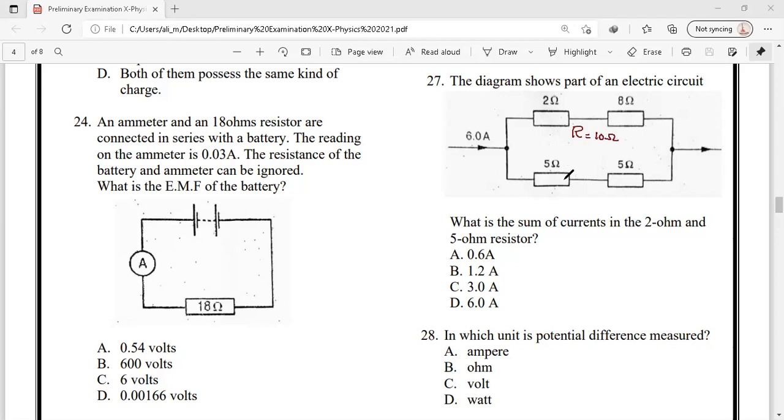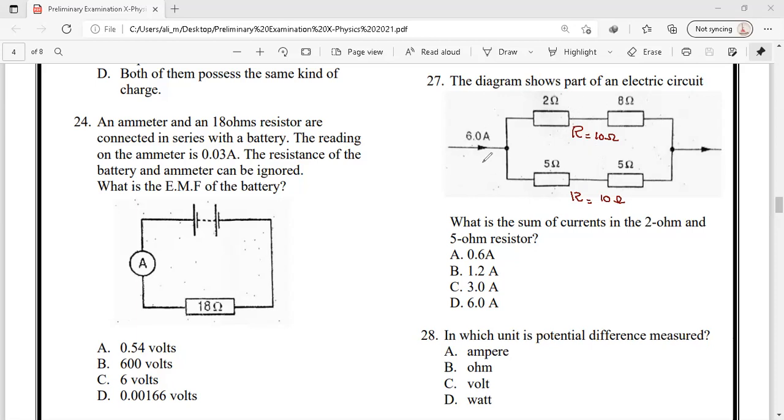Similarly, in this diagram, we have 5 and 5 ohms connected in series, and their total would be equal to once again 10 ohms. So this means these two pairs of resistors are connected in series, and their equivalents are connected in parallel combination.